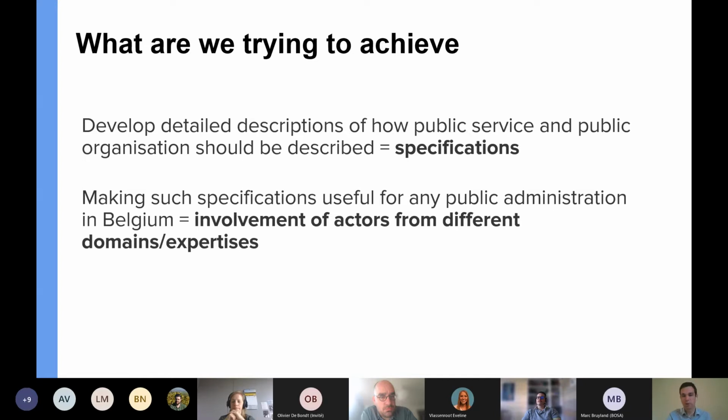And that's where we really need the involvement of both domain experts, meaning people from the field, related to any specific public service or any specific public organization, and also people with experience in data modeling itself. But no one is required to join the working group.